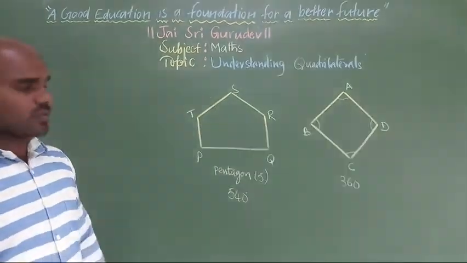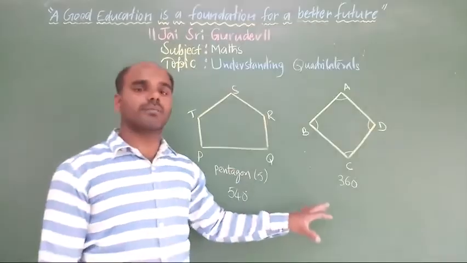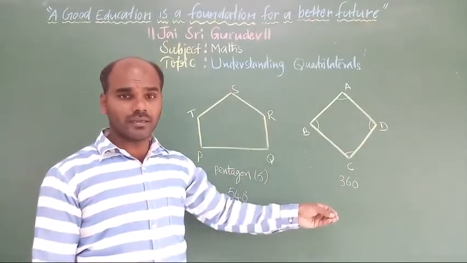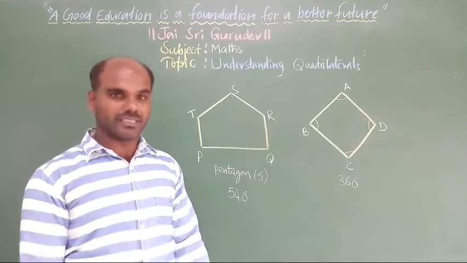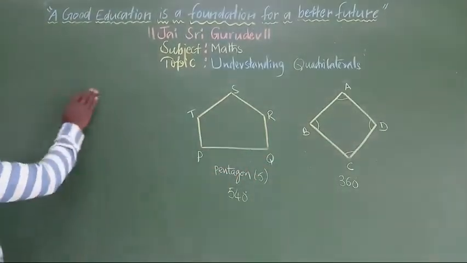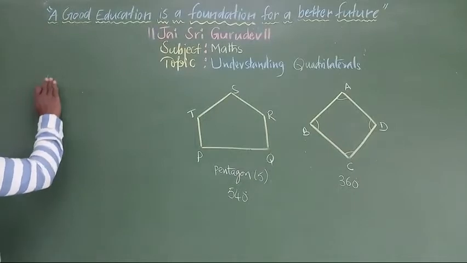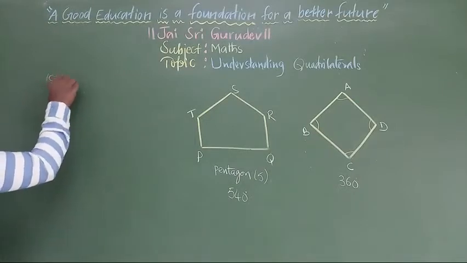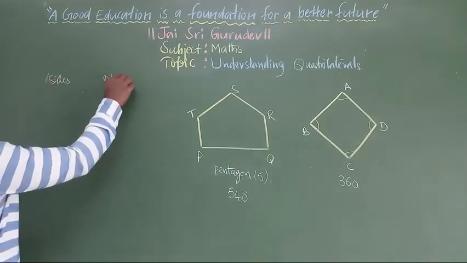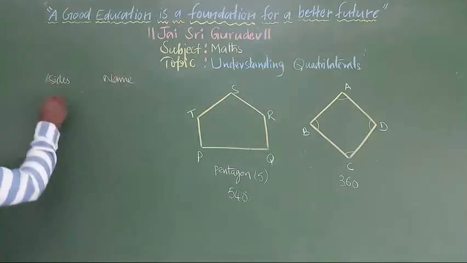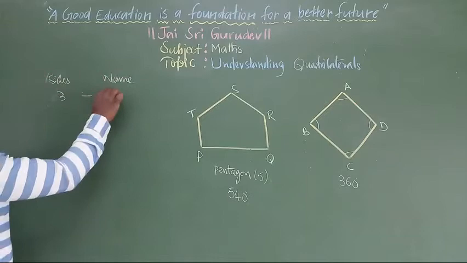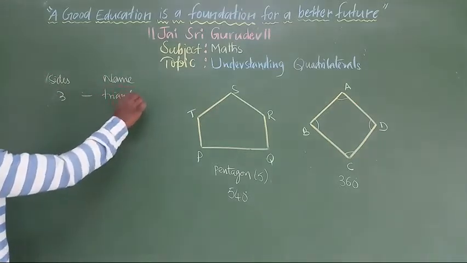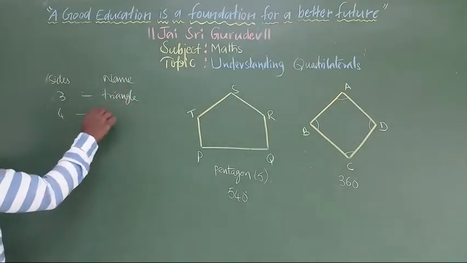So how do we find the sum of the interior angles of any type of polygon? Taking the number of sides: 3 is a triangle and 4 is a quadrilateral.